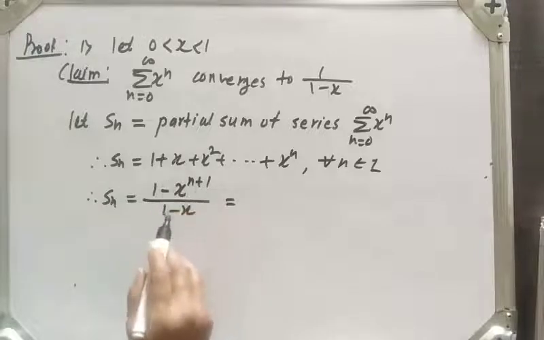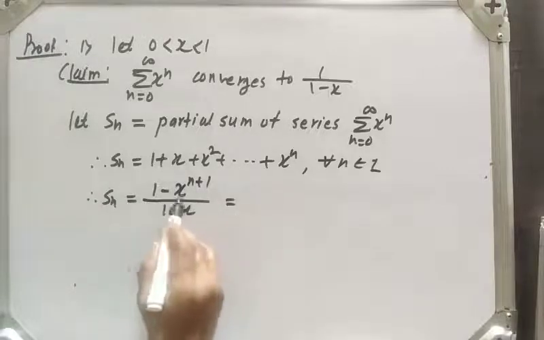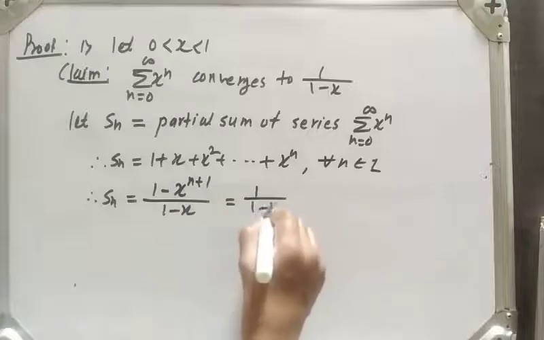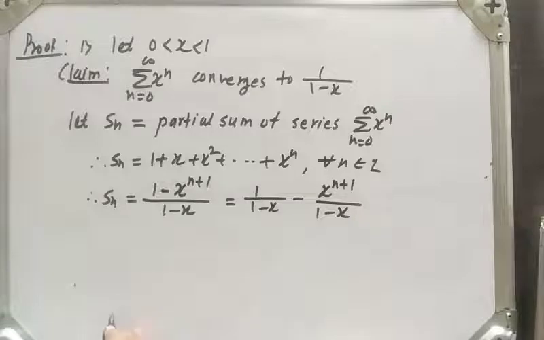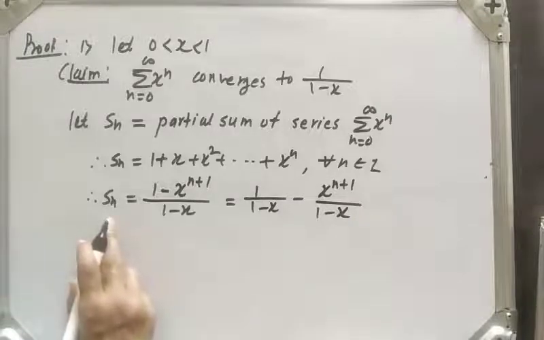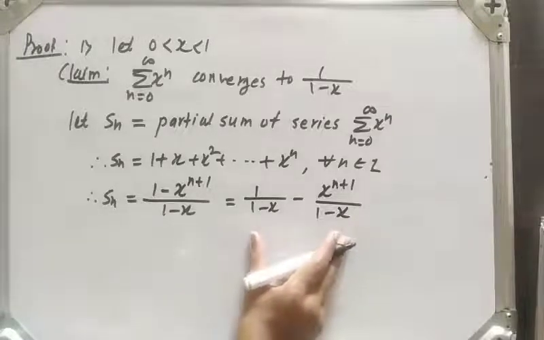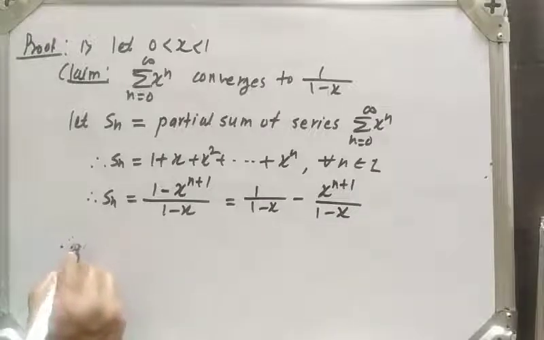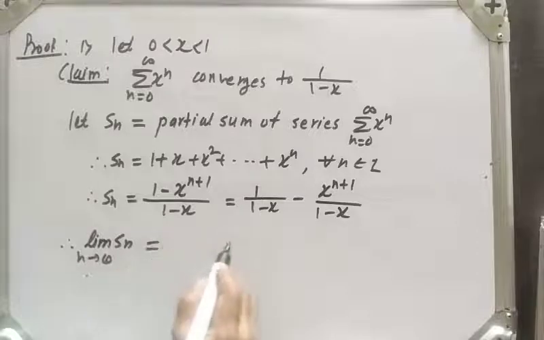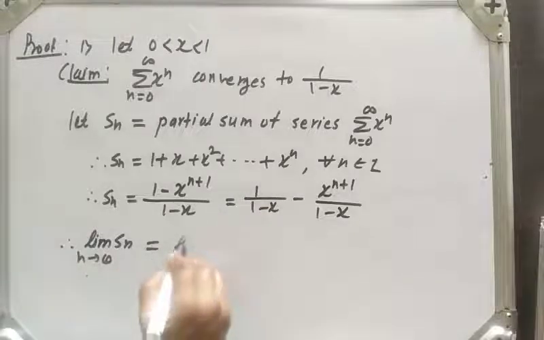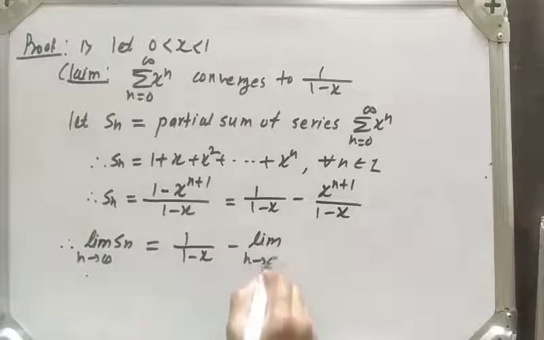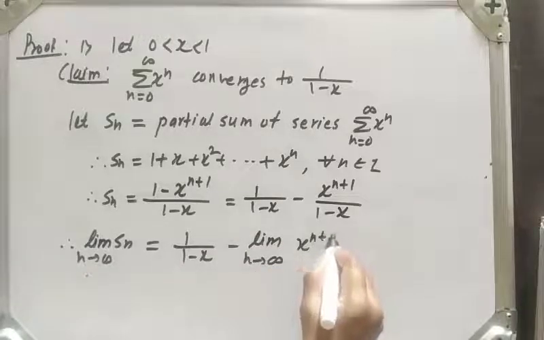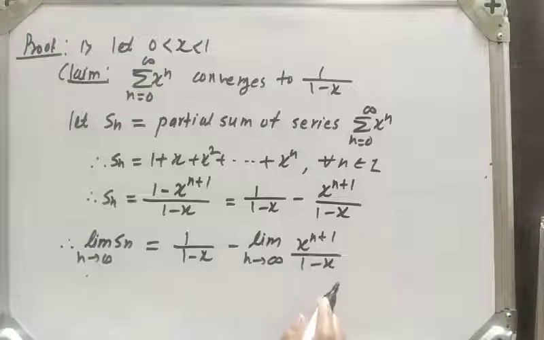It is of the form p upon q. We can separate it and write it as 1 upon 1 minus x, minus x raised to n plus 1 upon 1 minus x. Okay. If we apply the limit on the left hand side, we need to apply the limit on the right hand side. Therefore, the limit of S_n as n tends to infinity: here there is no term of n, so this is constant, it will be as it is, minus the limit as n tends to infinity of x raised to n plus 1 upon 1 minus x.